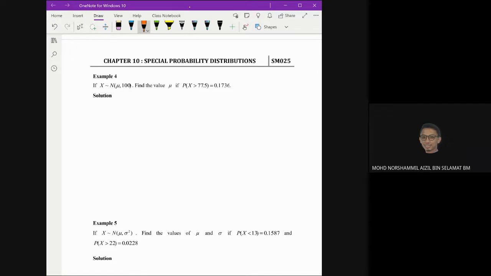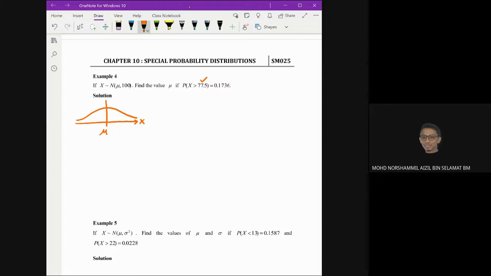So from the probability, let's sketch for X first. In the middle will be mu. Okay guys, 77.5 will be on the right hand side of mu ke sebelah kiri? Kanan. Okay, kenapa kanan bukan sebab positif tau?